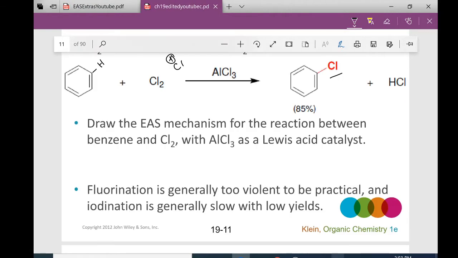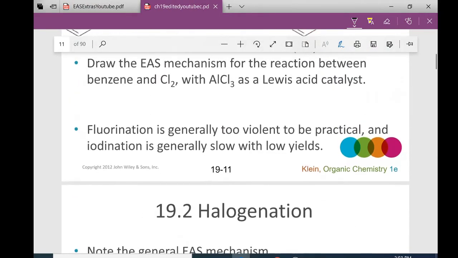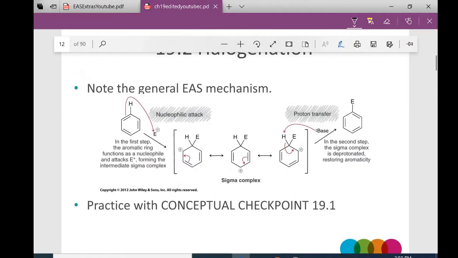So we don't generally get fluorination because it's too violent to be practical, and iodination is too slow. It gives us lower yields. Generally, we're going to see just chlorine and bromine for this reaction.